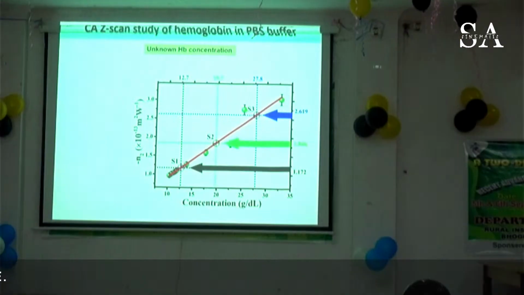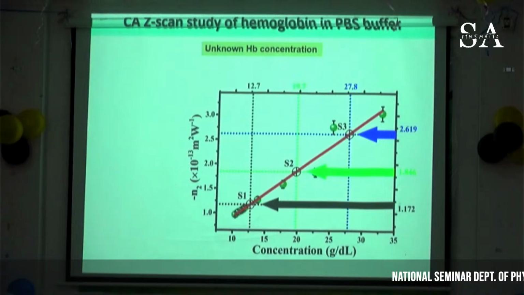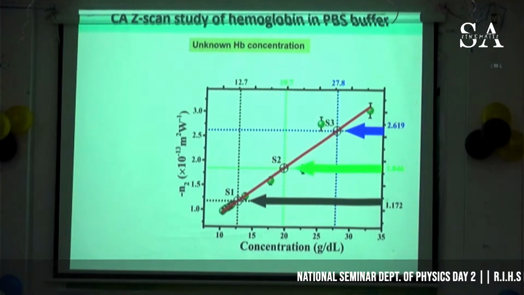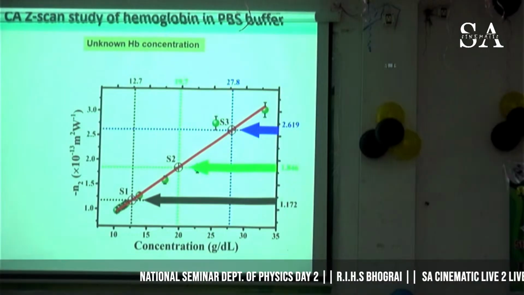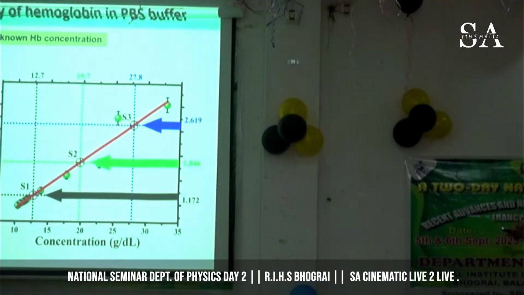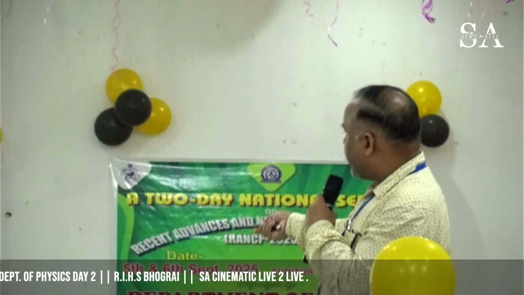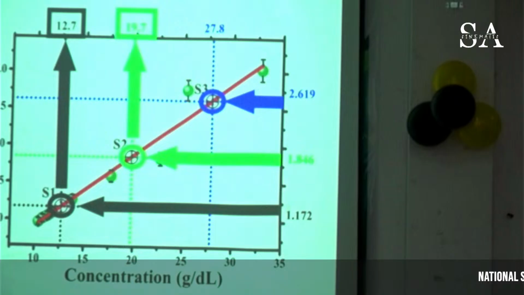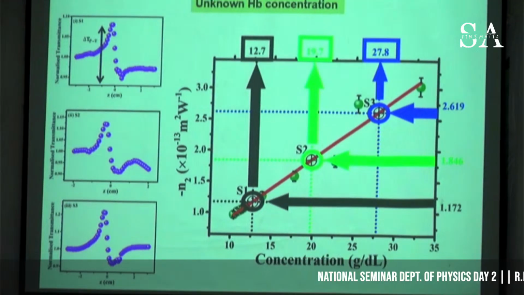Then we took 3 blind samples where we randomly prepared the sample, but we don't know the concentration. Even if you know, you hide it, pretend that you don't know it. Then you perform the experiment, measure the N2 value and put it here. For each one, you can see they are falling on the straight line, and will give you the concentration value for each.